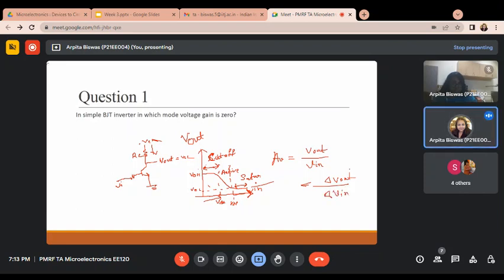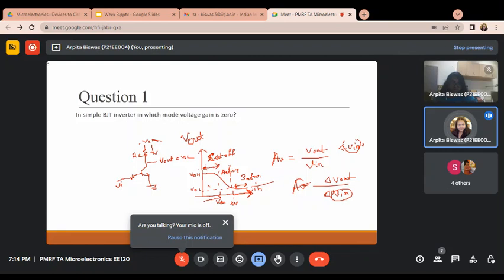If the output voltage changes with respect to a change in the input voltage, then we have gain. But if you are changing the input voltage and there is no change in the output voltage, the gain is simply 0 in that case also. You got my point? Yes.